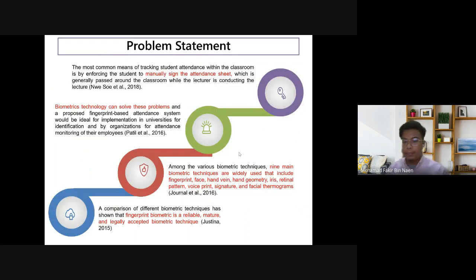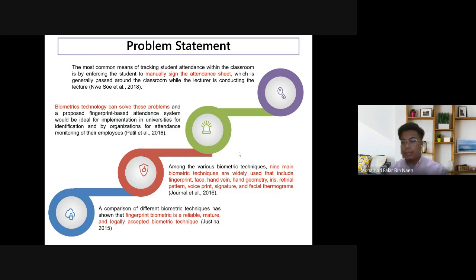problem statement. The most common means of tracking student attendance within the classroom is by enforcing the student to manually sign the attendance sheet, which is generally passed around the classroom while the lecturer is conducting the lecture. But some students may accidentally sign for another student's name.